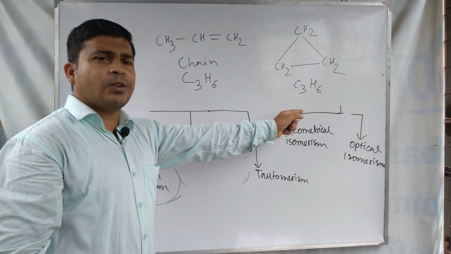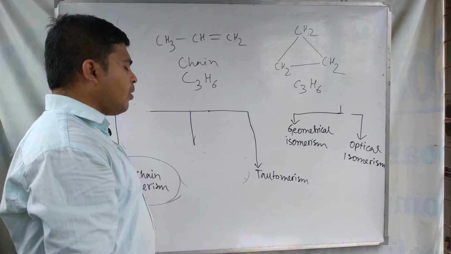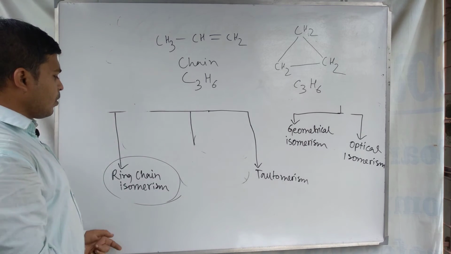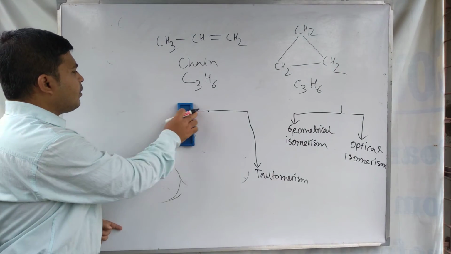Using the same molecular formula, C3H6, we can find a chain structure and a ring structure. So this is an example of ring-chain isomerism.